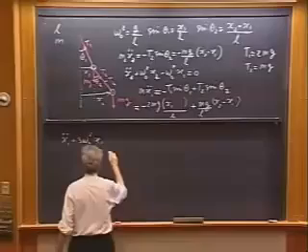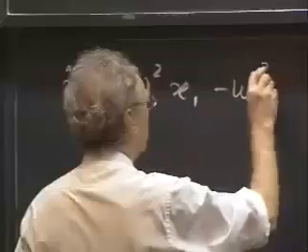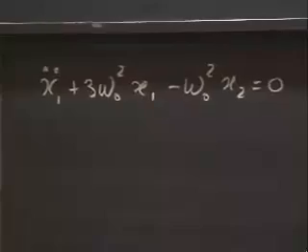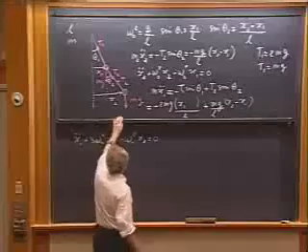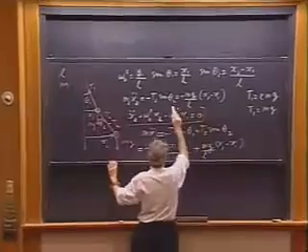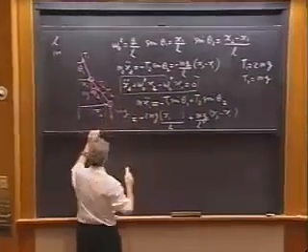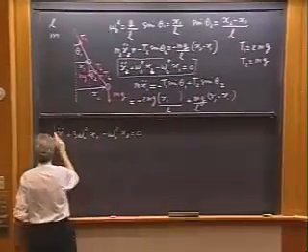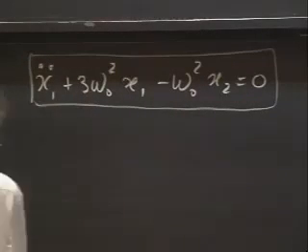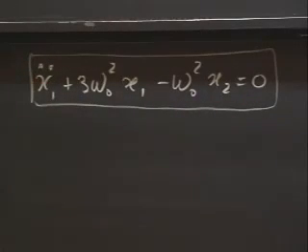That becomes minus omega 0 squared times x2. And that equals 0. And so we have to solve now this differential equation coupled with x1 and x2 together with this one. My solution has to satisfy both.